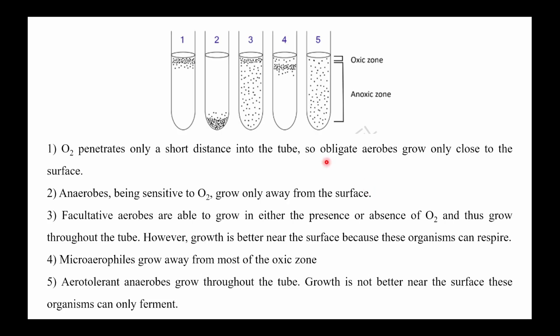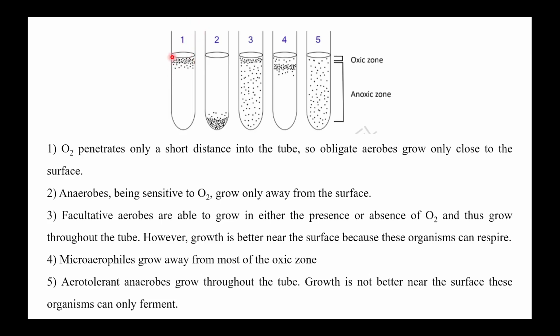Basically the tubes are open, so the oxygen cannot diffuse to a longer distance. Oxygen will penetrate only at the top part. So the first tube depicts aerobic growth, obligate aerobes that can only grow in the presence of oxygen.